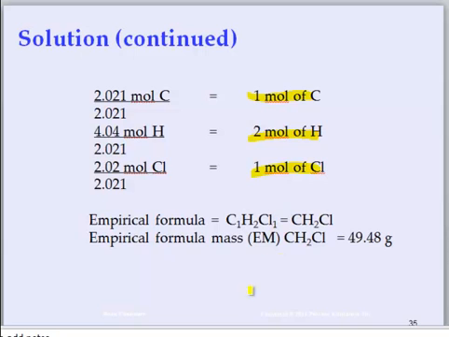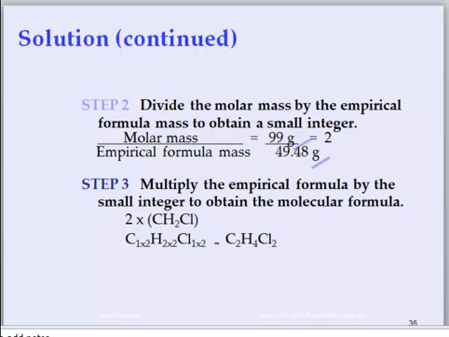This would be the empirical formula, CH2Cl. Now we calculate the empirical formula mass, which is 49.48.